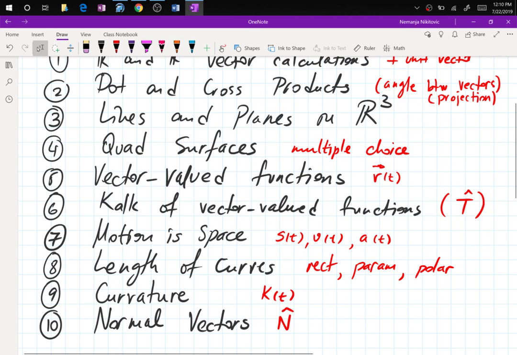Curvature, thank you. Curvature is another one. Vector value, well, depends on intervals and stuff like that. So definitely, guys, the last 3, 8, 9, and 10, tend to be the lengthiest in terms of calculations, and those are to be done last, no matter which page of the exam they show on.